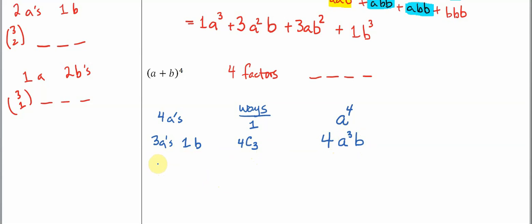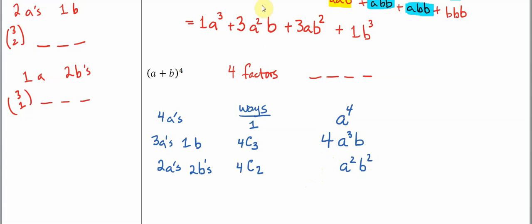Okay. Then another way that we could do this is we could have 2 a's and 2 b's. Okay. So there are 4 choose 2 different ways. So it's like you have 4 spots and you want to choose 2 of them to be an A. 4 choose 2, so this is going to be a squared, b squared. Okay.